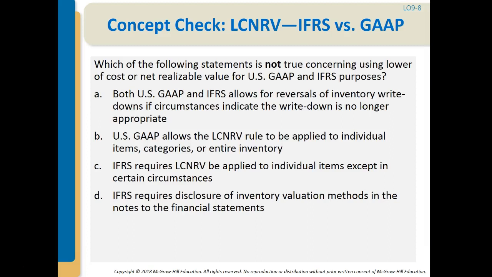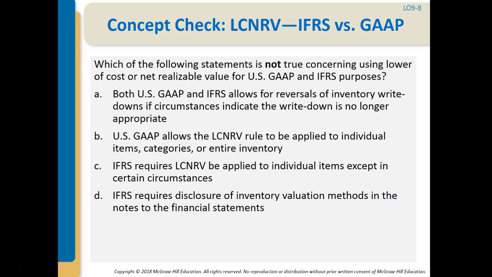Let's check out another question. Which of the following statements is not true concerning using lower of cost or net realizable value for GAAP and IFRS purposes? A. Both U.S. GAAP and IFRS allow for reversals of inventory write-downs if circumstances indicate the write-down is no longer appropriate. Now we know that's not true because GAAP does not allow reversals.